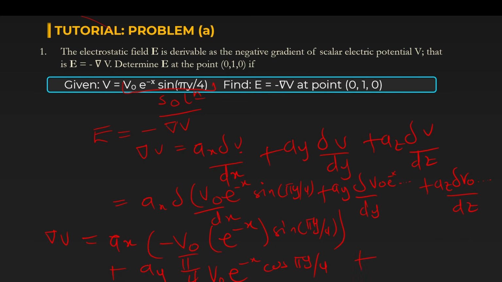But since it has no z component, the derivative with respect to z is going to be 0.